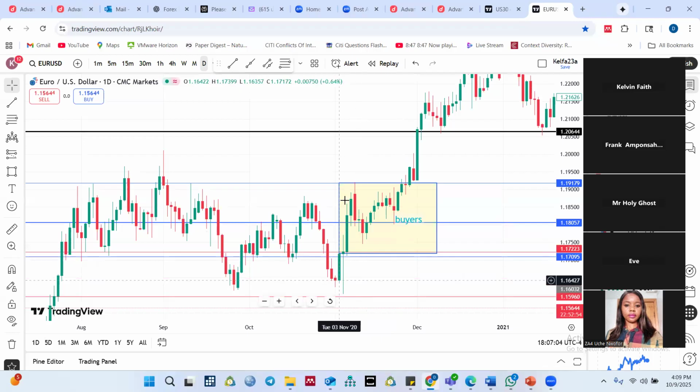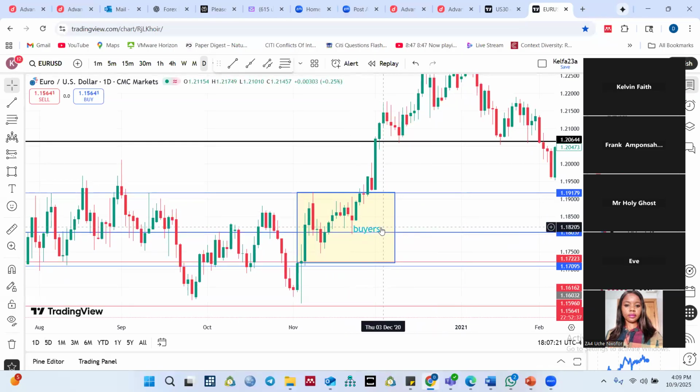So this is a very big move from the smart money, but they gave an equilibrium price here, and we also came in.